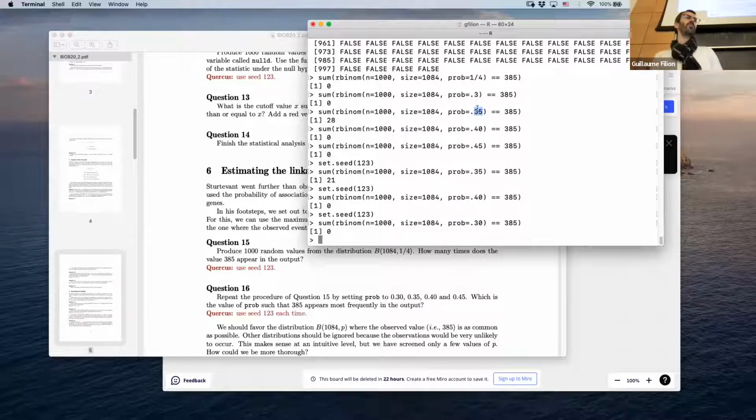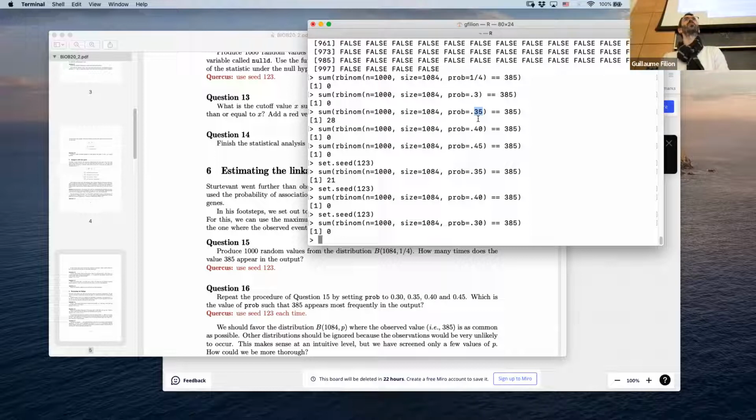We're changing the parameters of the distribution. And we see that the only one that's remotely compatible with the observations we had is p equals 0.35. So it's not the best value ever. This is not the value of our estimate, but this is the only one that has a chance of being compatible with what we have.